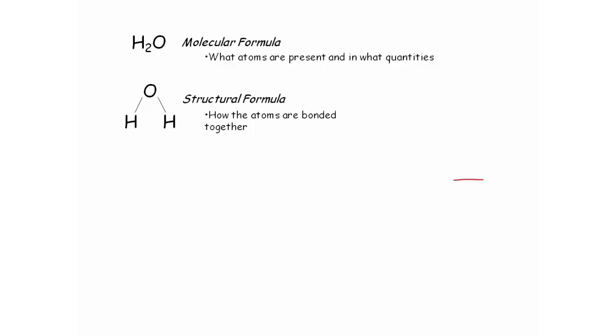So when we look at H2O, we can see that water does have some hydrogen and it also has some oxygen. And then in addition to that, we can see that we have 2 hydrogen atoms and we also have 1 oxygen atom. Now we assume that we're going to have 1 oxygen because we don't see some other number written beside the oxygen.